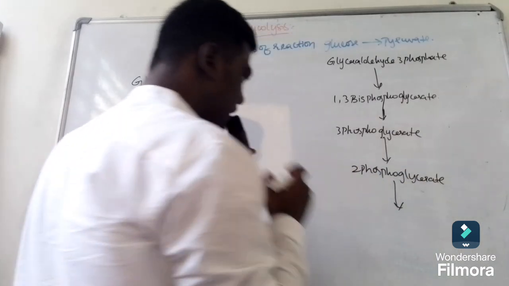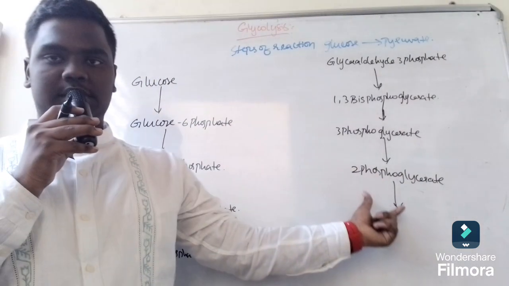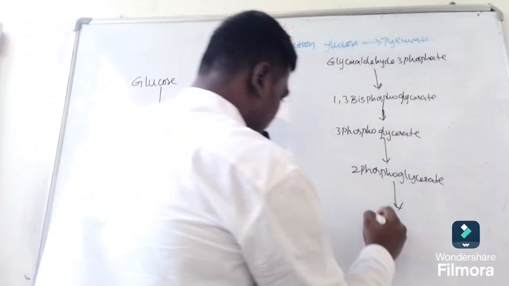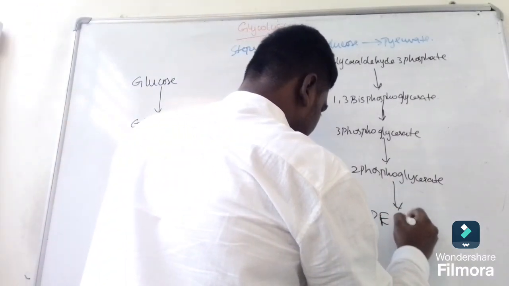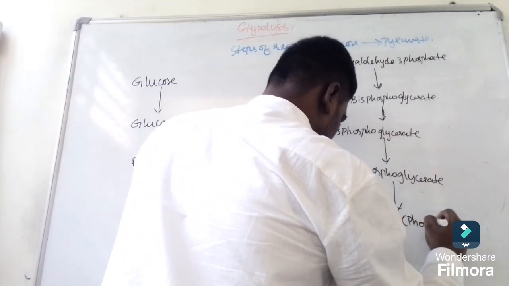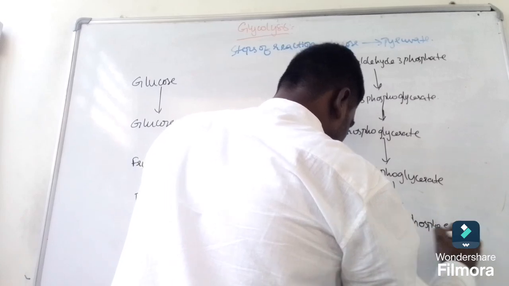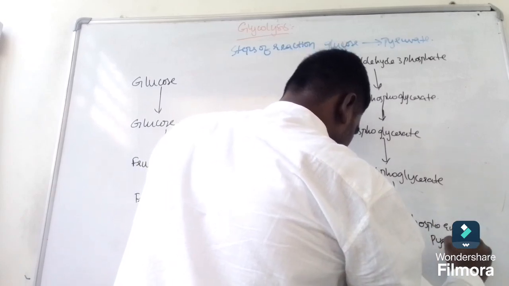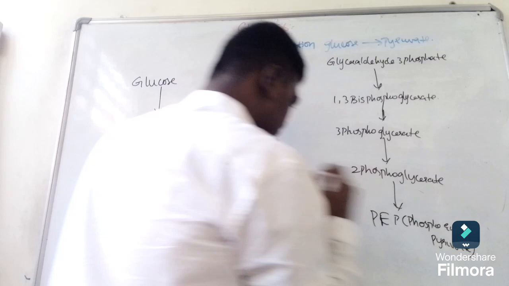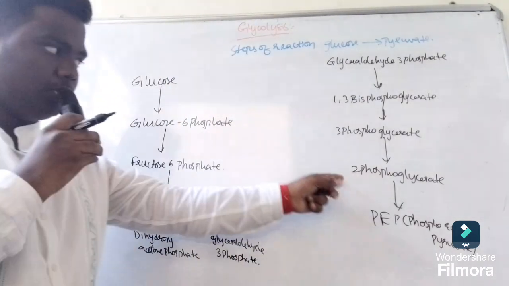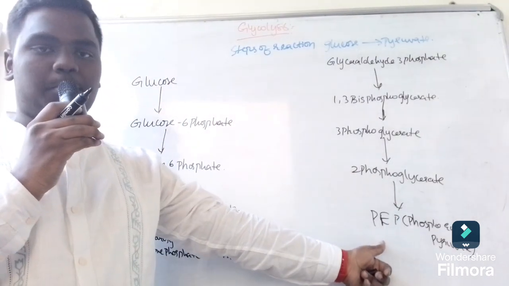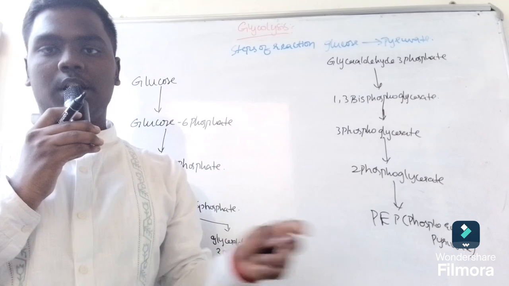And then from 2-phosphoglycerate, you are getting PEP, that is phosphoenolpyruvate.